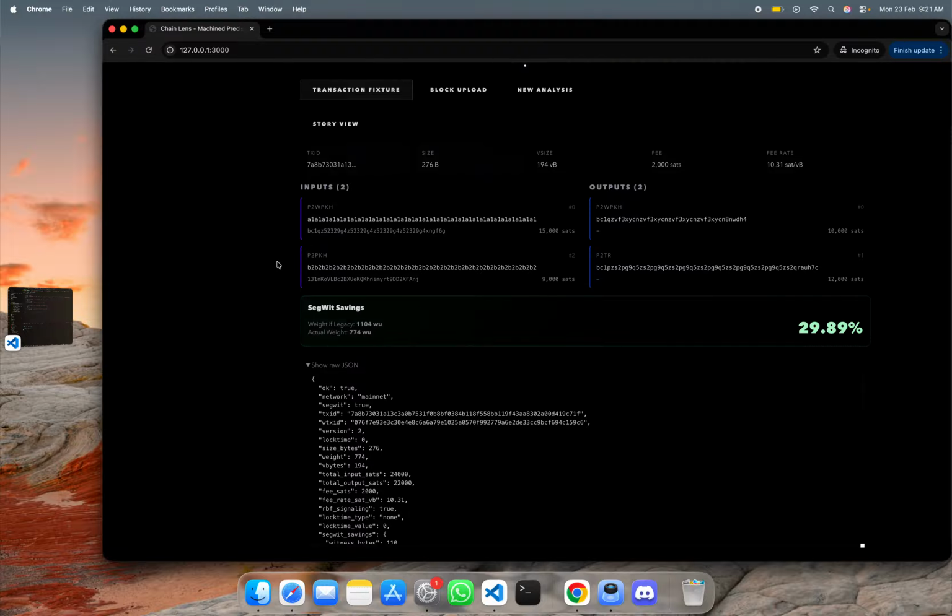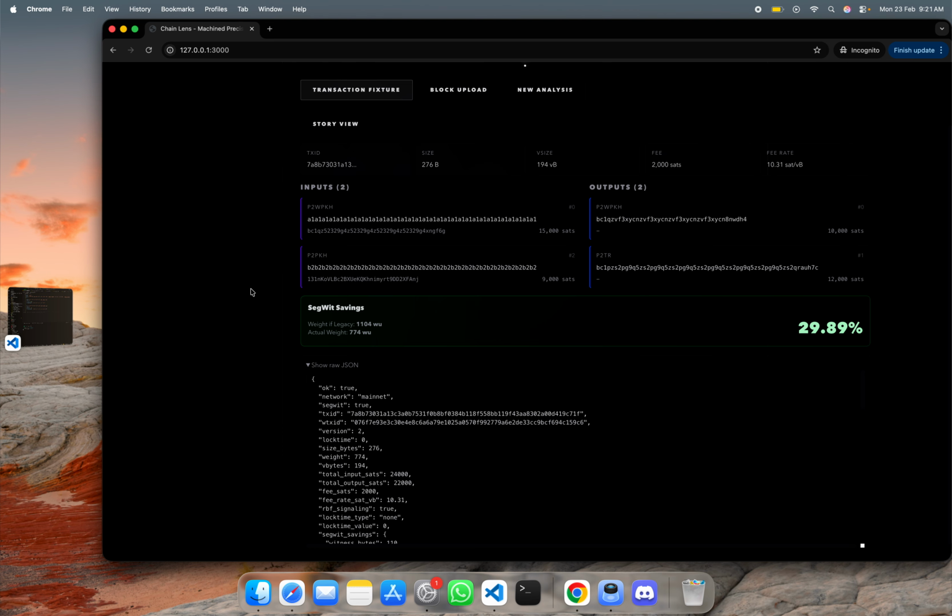And here, P2TR, which means pay to taproot, uses Schnorr signatures, more flexible scripting with a low witness cost in many cases. And here you can see P2PKH, which means legacy pay to pubkey hash, has a larger weight compared to native SegWit.